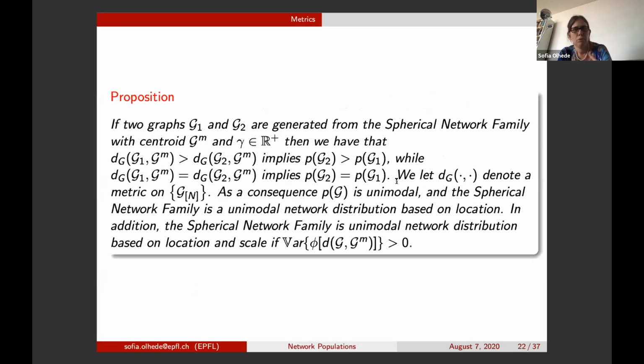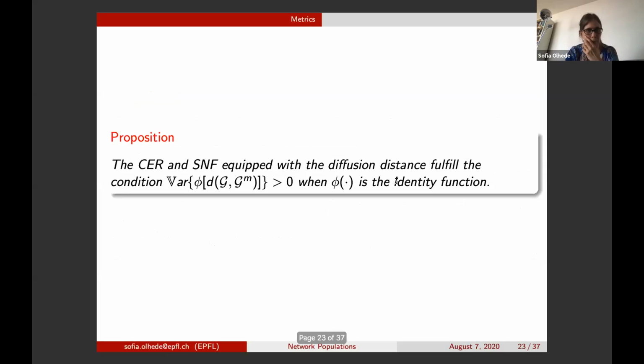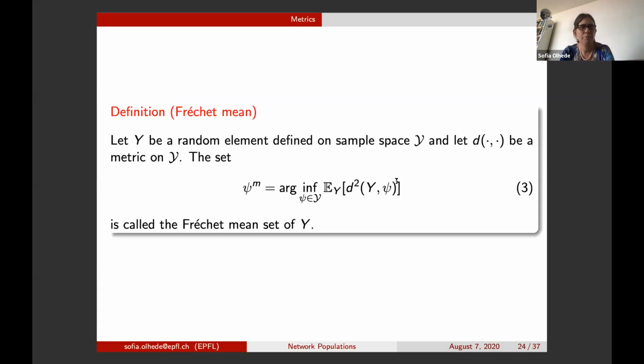But to show it, we have to choose a particular distance. So for instance, both the diffusion and the Hamming distance work in this setting. And you get a natural notion of both location and scale, depending on your choice of phi. And you can show lots of things with it.